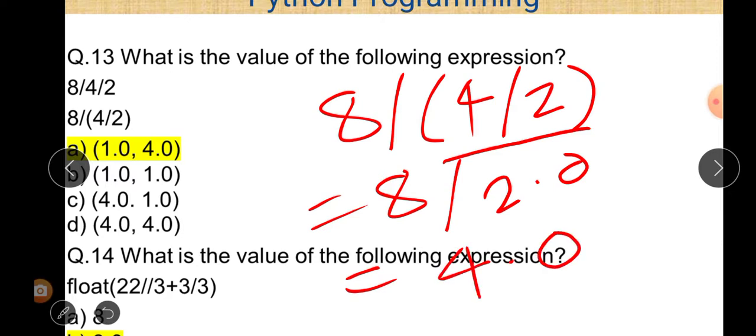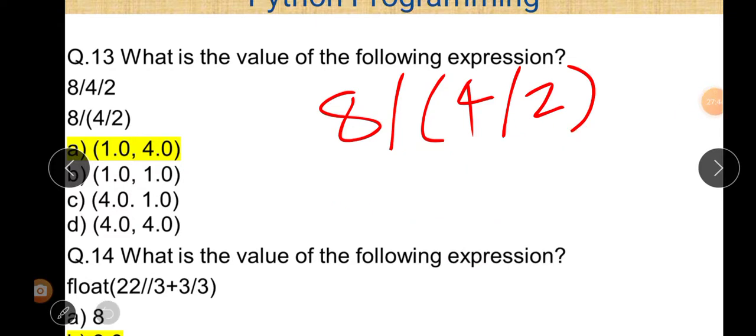Because the division operator always returns the answer as a float value. So the answer is 1.0 and 4.0. That is the correct answer. Okay. Let us take another question.